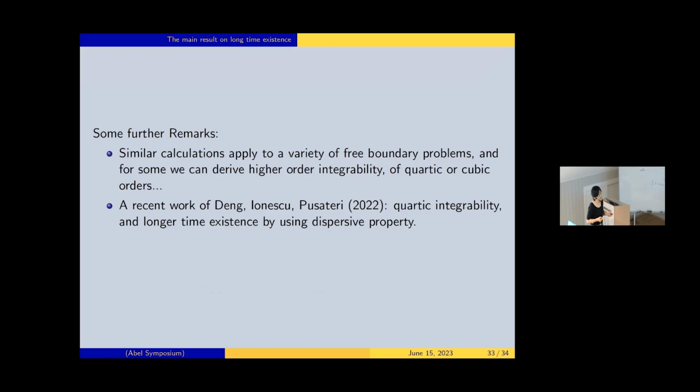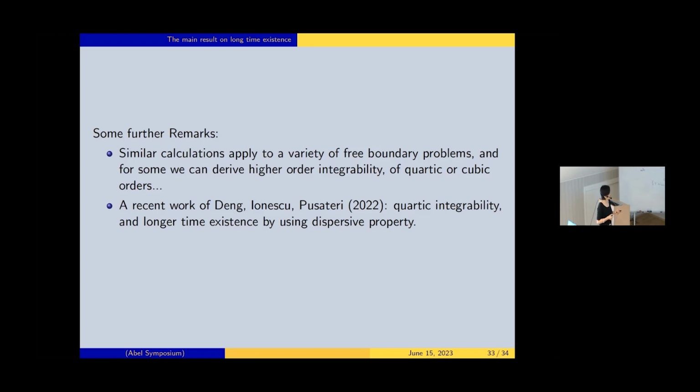After this work, we also tried to look at different types of free boundary problems, and we find that similar calculations apply to a variety of similar free boundary problems. For some problems, there are also higher order integrabilities. I'd like to mention the recent work of Dyachenko and Zakharov, who also proved quartic integrability using a different method.